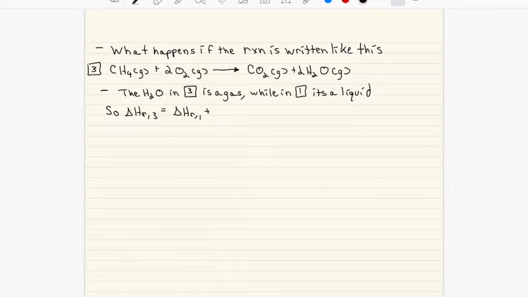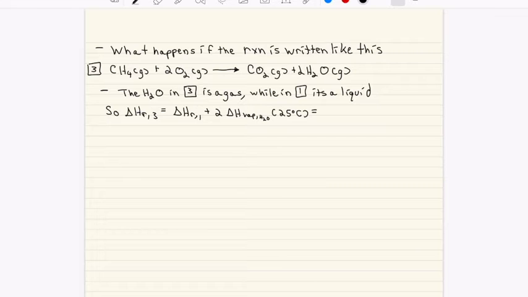The way we account for that is by including the enthalpy of vaporization for water at 25 degrees Celsius, which is the temperature that the reaction is taking place at.